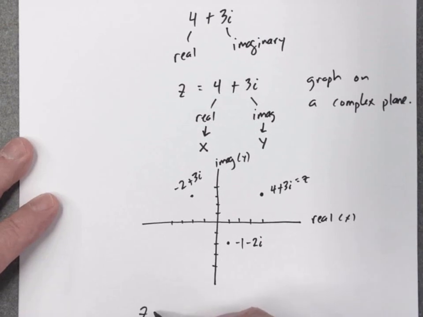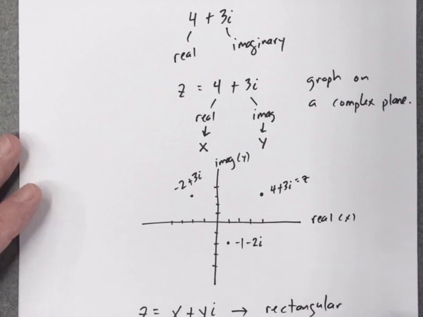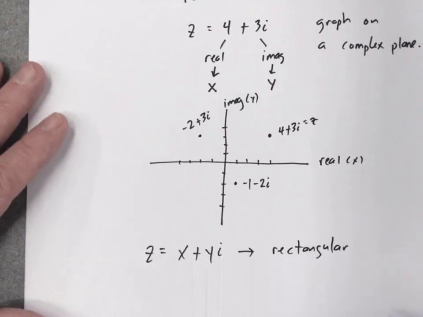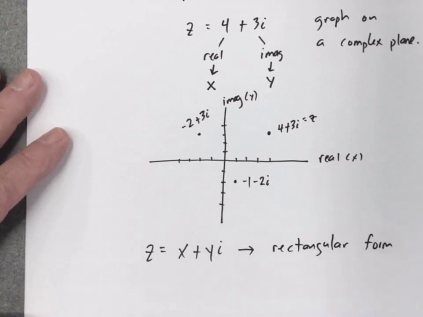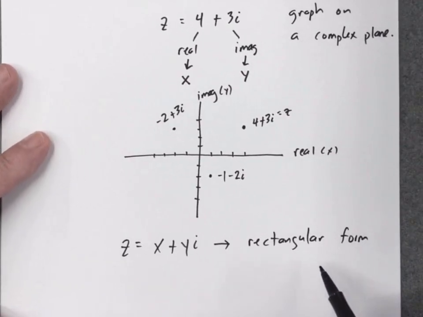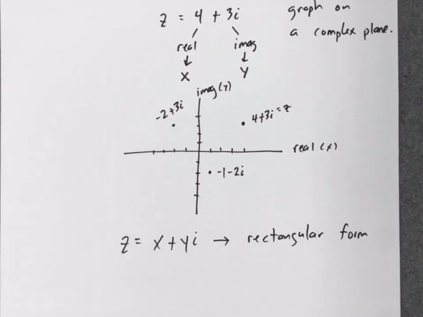What we've done so far, when we graph a complex number, we call this the rectangular form, because you can think of x and y as like the rectangular coordinates.